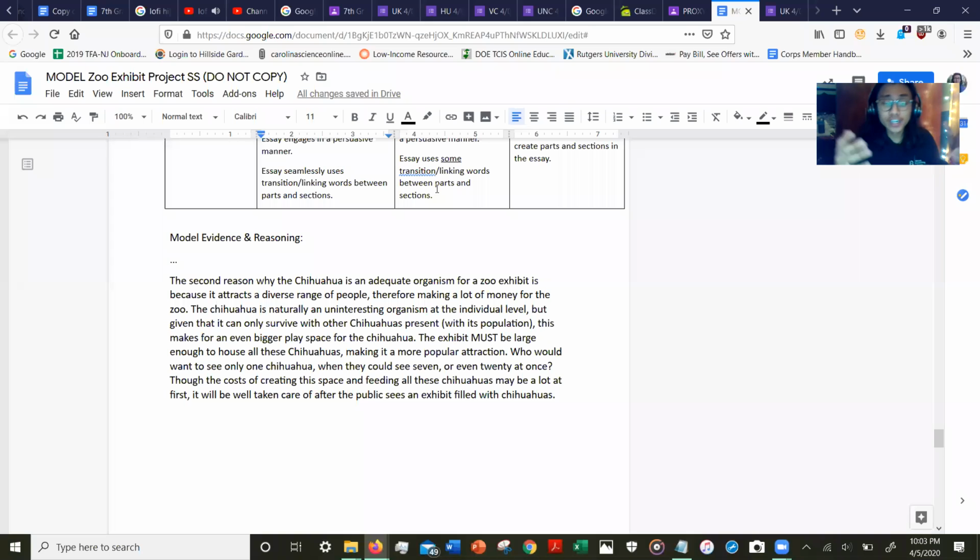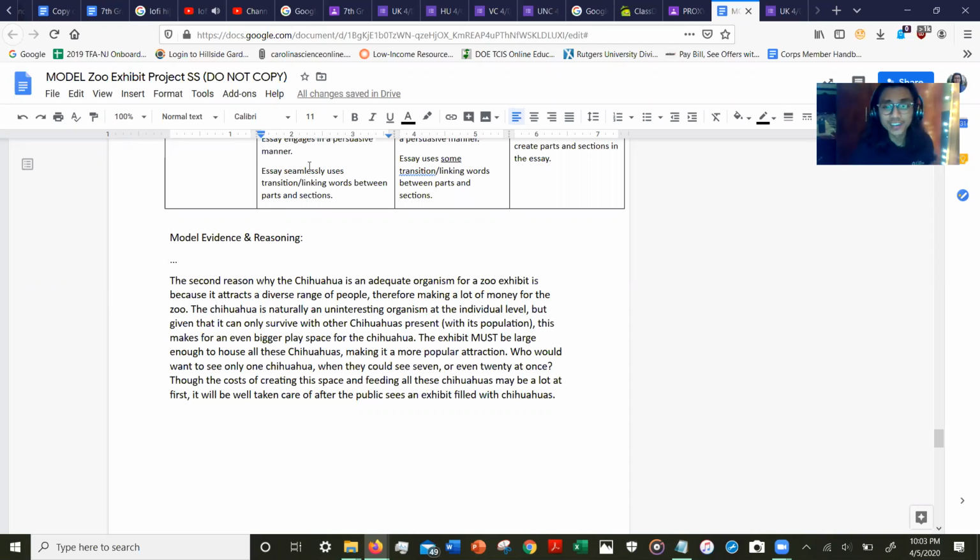Take this time to read it on your own, and I'll go through it to show why it includes evidence, reasoning, and good organization. So obviously I've said that my organism is a great choice for a zoo exhibit. I mentioned that in the first sentence. I also mentioned a criteria I've identified, that the zoo is focused on bringing more customers in because that's how they make money.